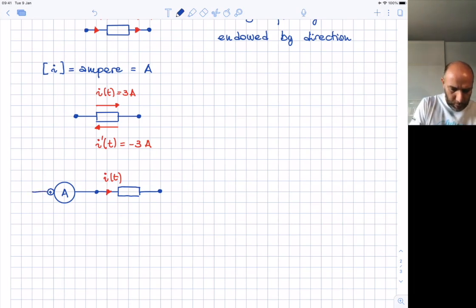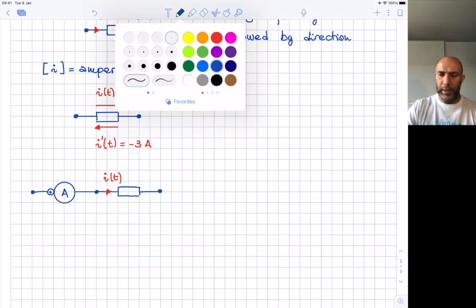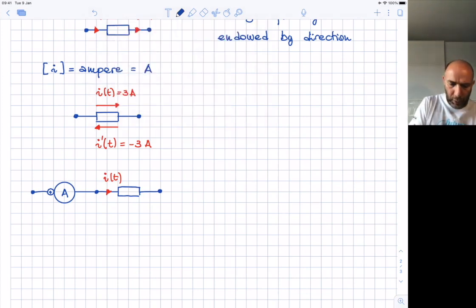In other words, if we identify the plus terminal of the ammeter, we may say that the ammeter is measuring the current that is flowing inside the plus terminal.